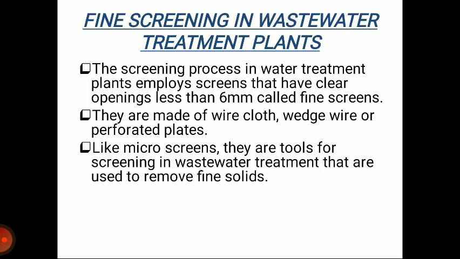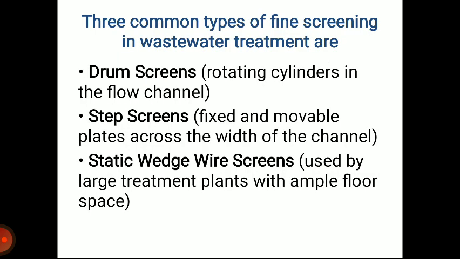Fine screening in wastewater treatment plants. The screening process in water treatment plants employs screens that have clear openings less than 6 mm, called fine screens. They are made of wire cloth, wedge wire, or perforated plates. Like microscreens, they are tools used to remove fine solids.